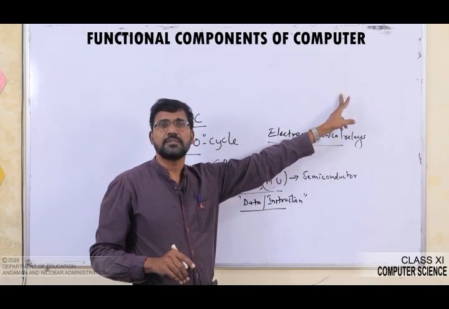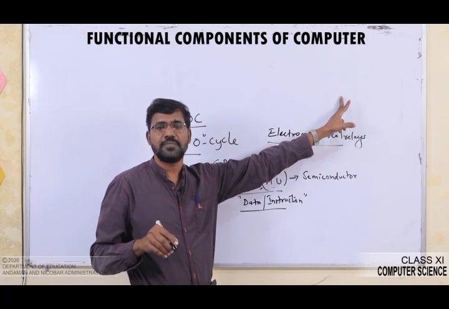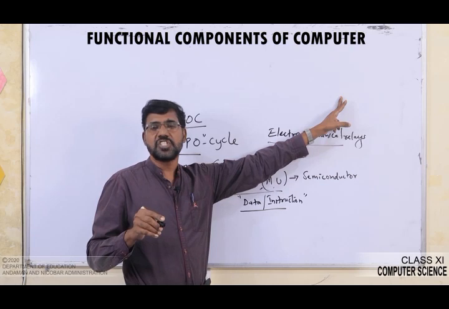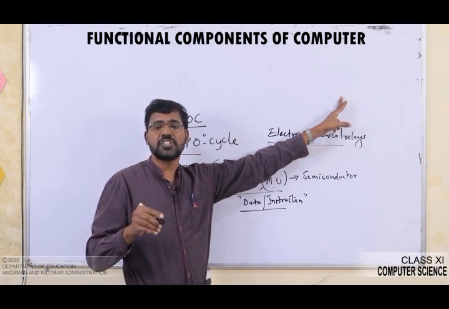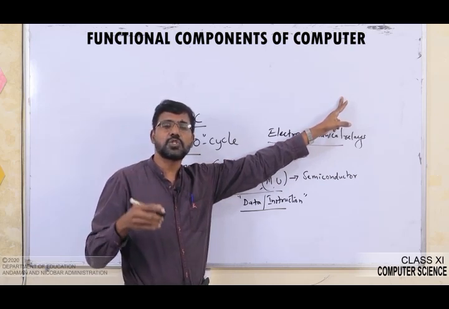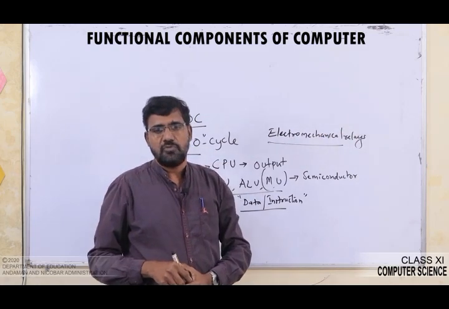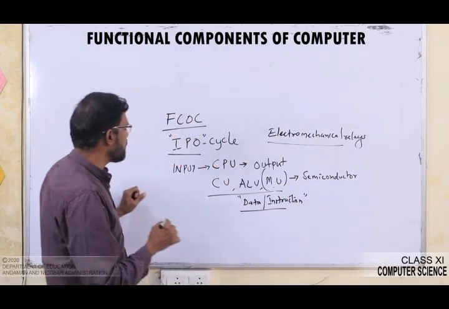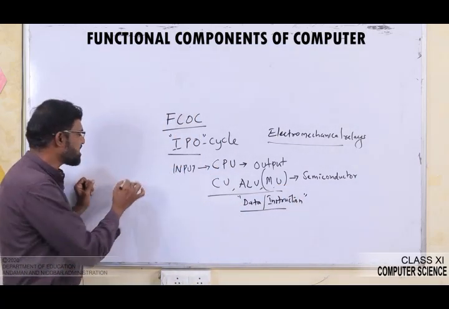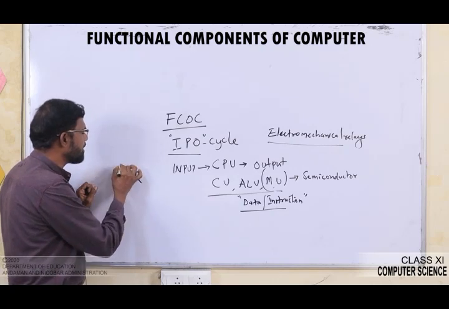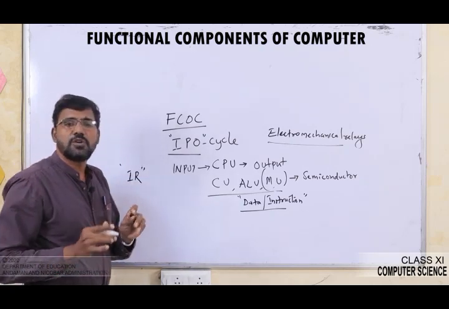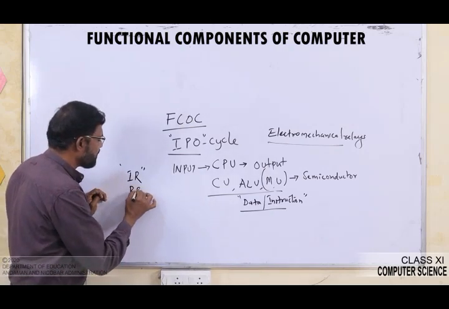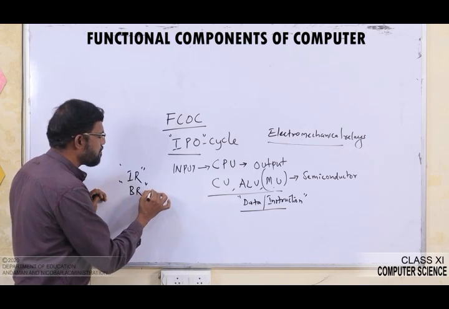The arrow marks indicate the flow of signals. There are the address register, data register, and memory address register. So, what are the registers under the memory unit? There is the instruction register, in short IR, which is one of the registers. Then the buffer register, BR.